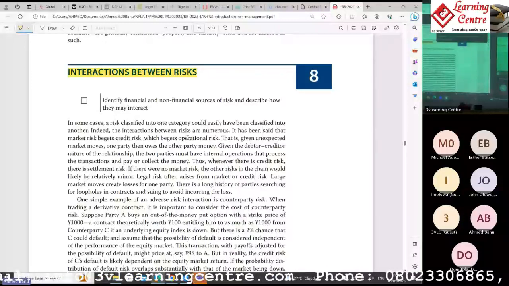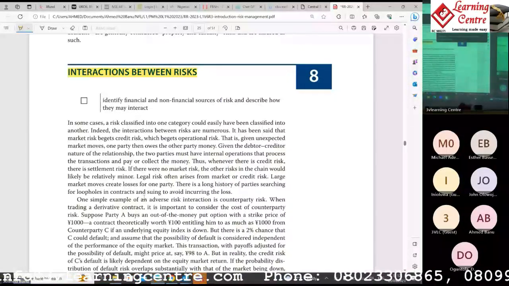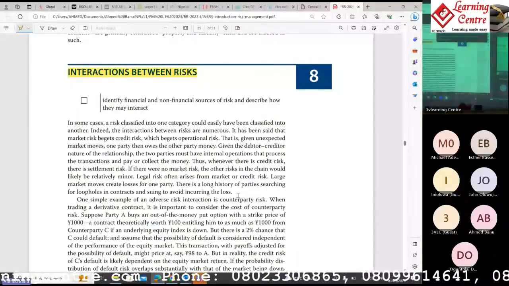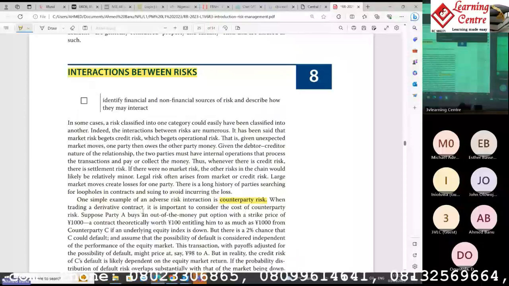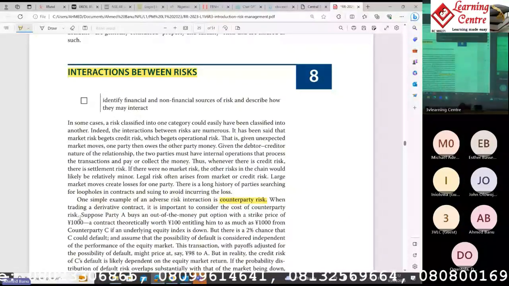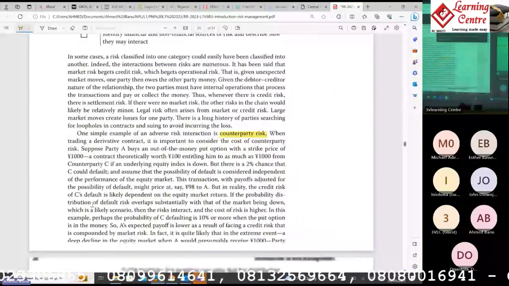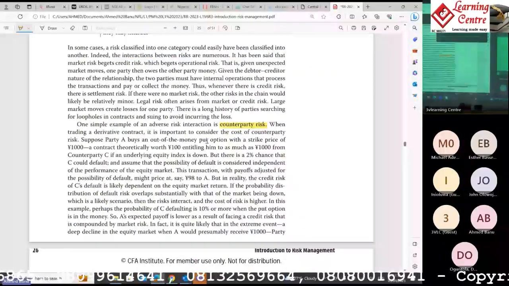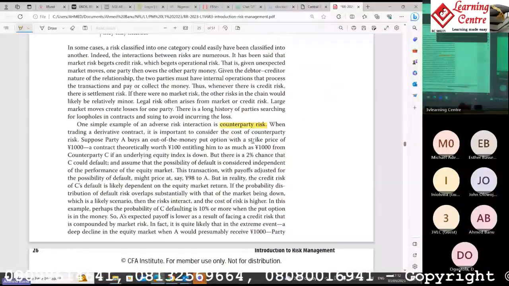Another simple example of an adverse risk interaction is counterparty risk. When trading a derivative contract, it is important to consider the cost of counterparty risk. Suppose party A buys an out of money put option with a strike price of 1,000 yen.